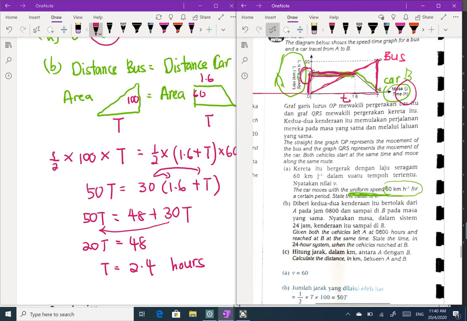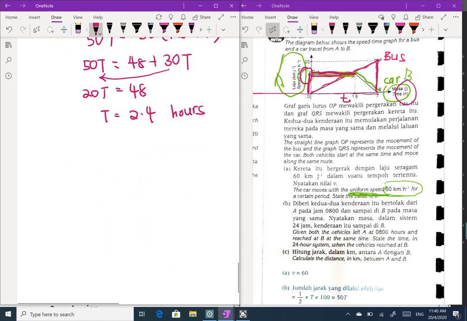Okay, I want to know what time I reach. 2.4个小时等于 2 hours. How many minutes? 0.4, 0.4乘以60 minutes. So you get 2 hours 24 minutes. What time do I reach?